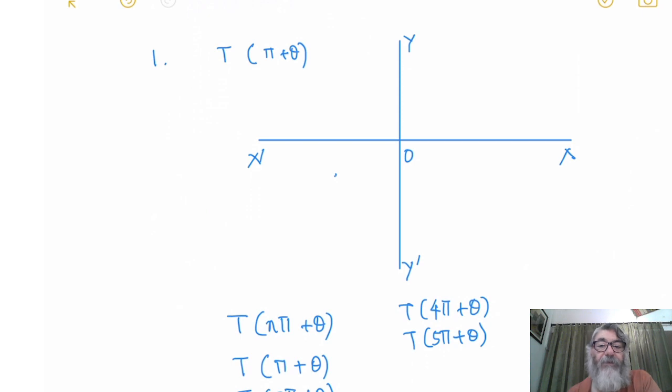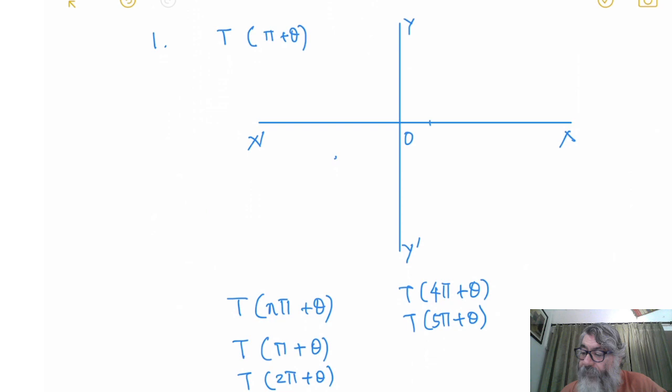Everything will fall into the third quadrant, because from here we started, we reached pi, and then we added something to it. So pi plus theta.